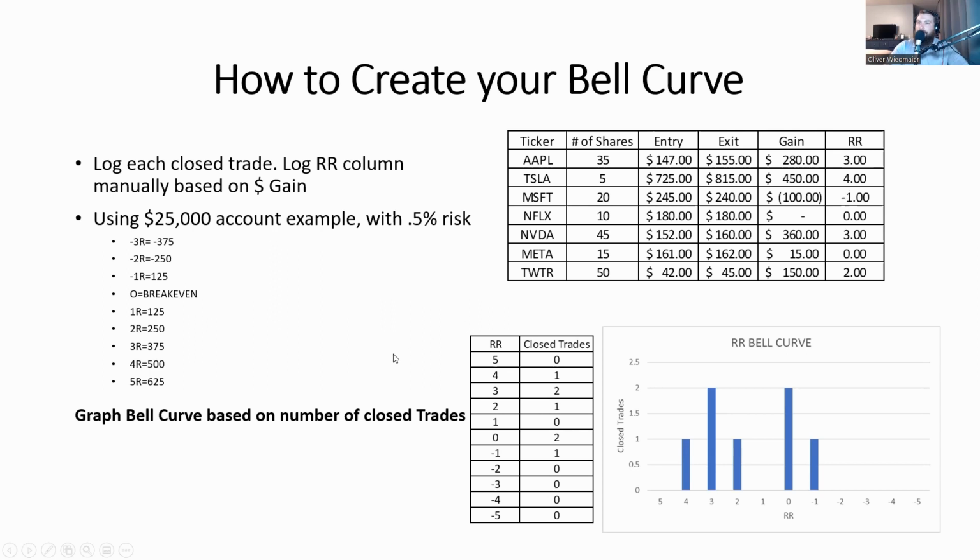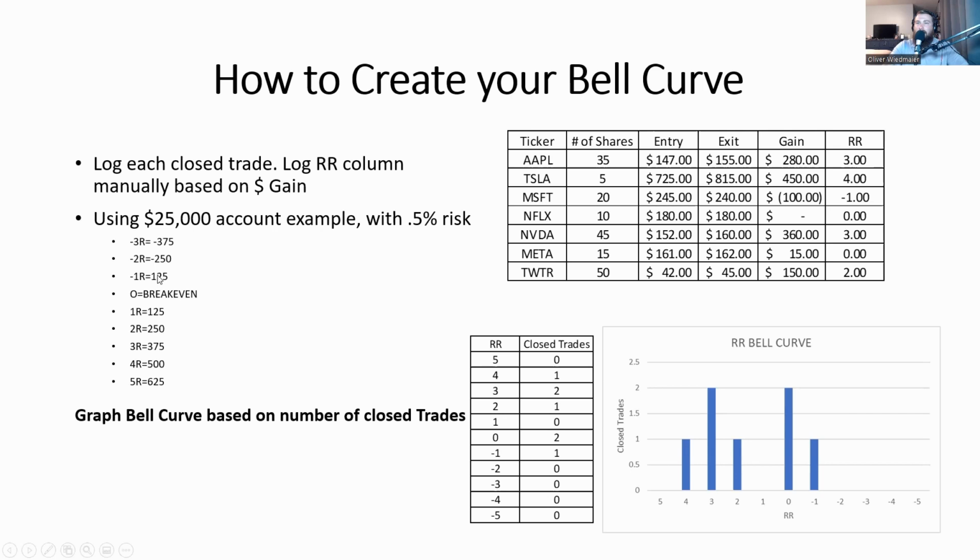So what does that mean? Well, again, using a $25,000 account with a 0.5% risk, 1R would be $125. 2R would be $250. So if you enter a trade and you make $250, you would log in your tracker that you made a 2R trade.